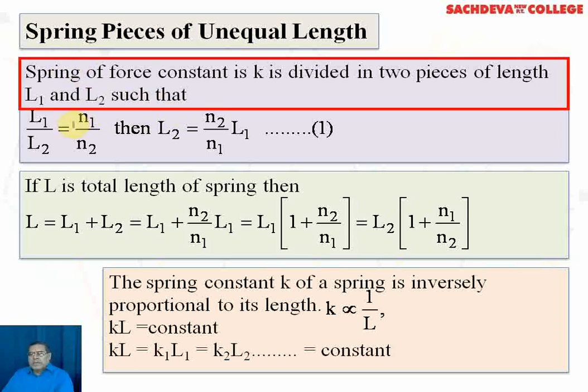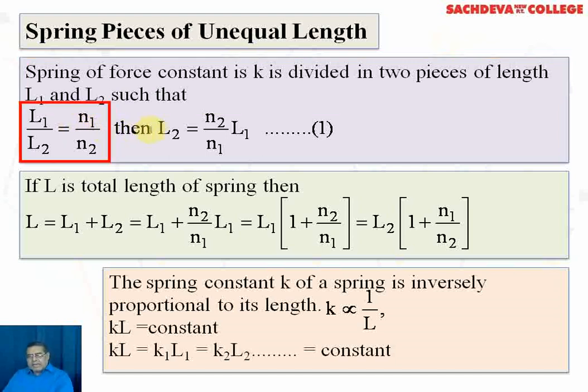So what is the main context? A spring of force constant K is divided into two pieces, and the lengths of these two pieces will be L1 and L2, such that L1 over L2 will be N1 over N2. Then L2 will be calculated from this equation. So L2 over L1 will be N2 over N1, and L2 will be calculated by N2 over N1 multiplied by L1.